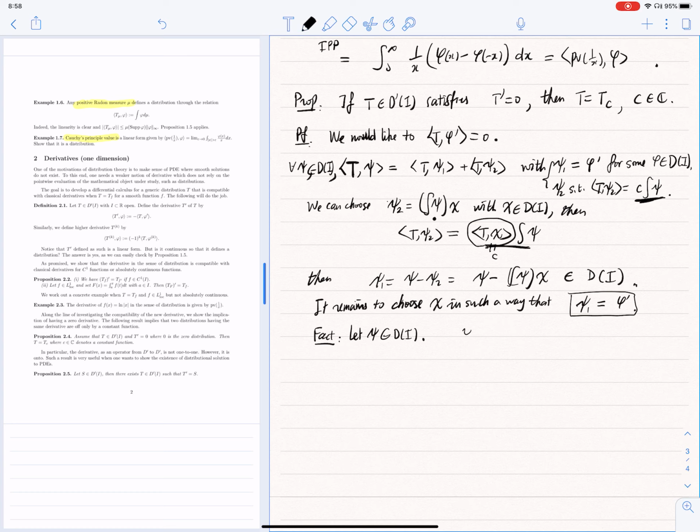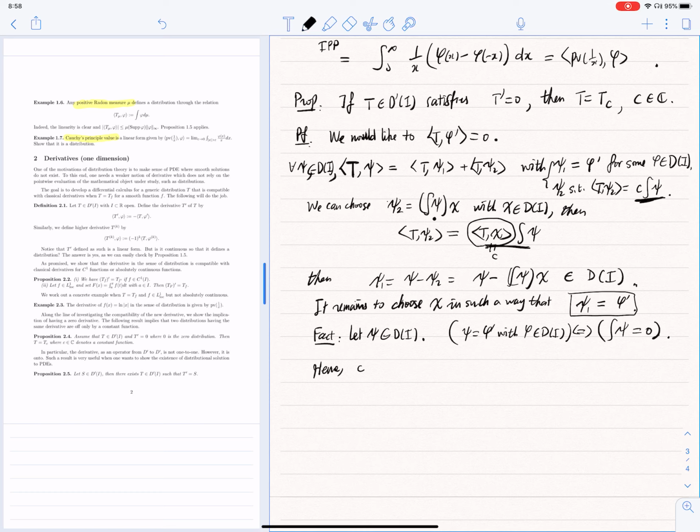Then psi equals phi prime with phi also a test function if and only if psi's integral is equal to 0. So these two conditions are equivalent. So in order to find a chi such that psi 1 is equal to phi prime, it suffices to find a chi such that the integral of psi 1 is equal to 0 according to the fact. And this is much easier to do.